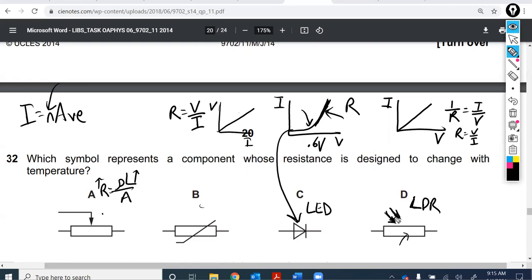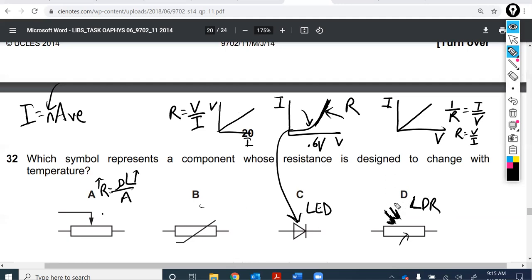So we need some energy input, and that's what these arrows remind us. There's some light energy that's going to free up the electrons, get them away from the nuclei so they can conduct more readily. And when we have electrons conducting more readily, there's less resistance to the flow of charge, right? So we're decreasing the resistance of an LDR in the light. In the light, the resistance goes down. So that's such a noteworthy statement.